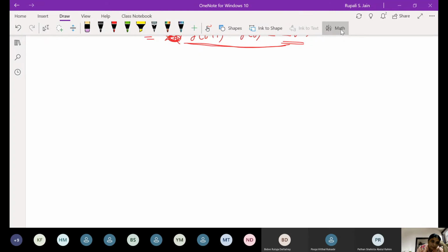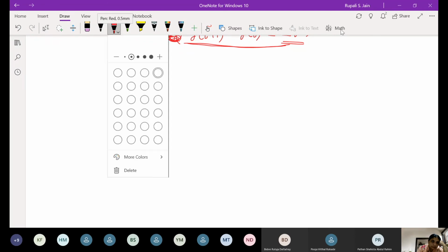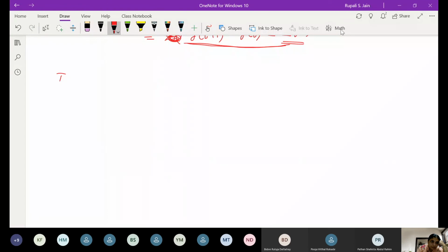If my function is of two or more variables, then I need to specify with respect to which variable we have taken that delta.